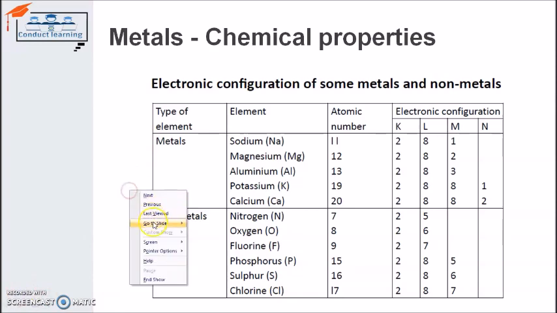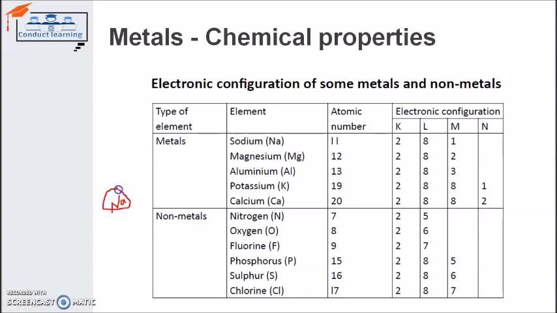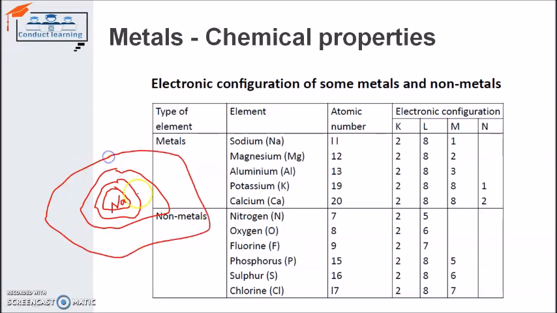To make it very easy, I will take a marker to help you understand. The atomic number of sodium, Na, is 11, and it has shells like the K shell, after that the L shell, after that the M shell, and after that the N shell.